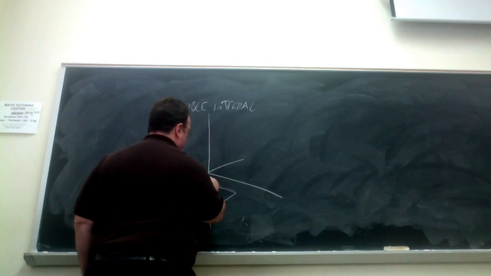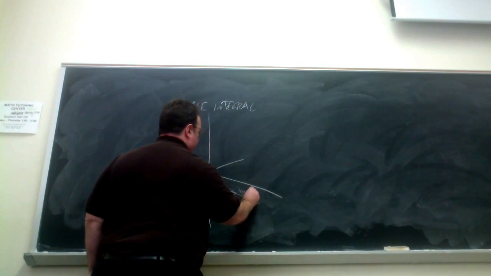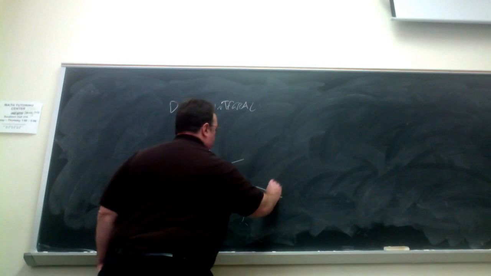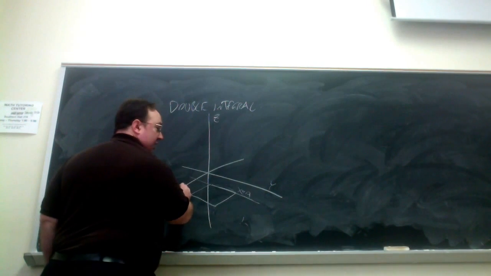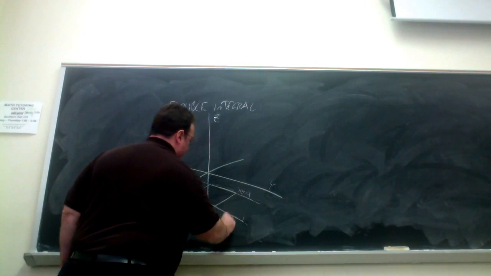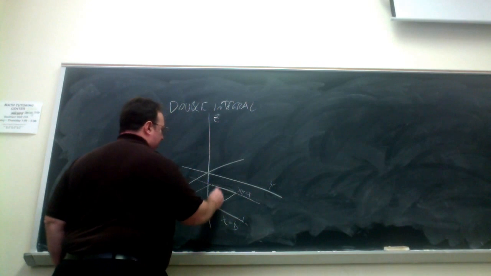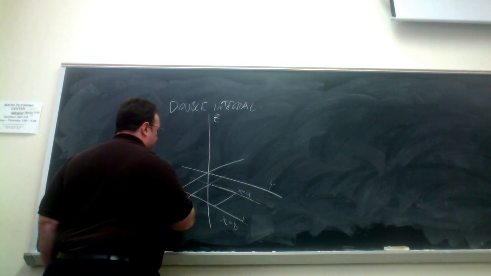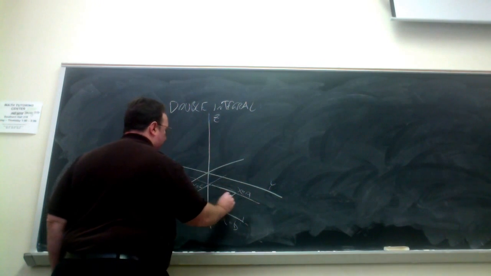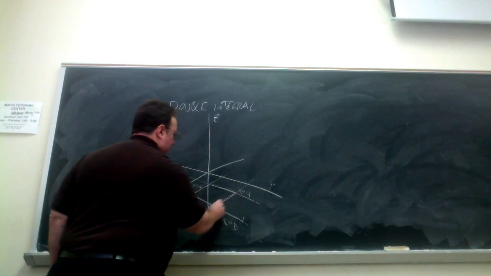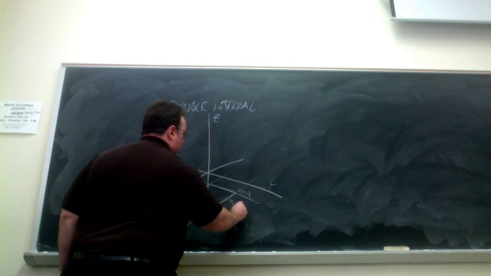So here we have x equals a, here's your x-axis, y, z. Here's x equals b, and then the rest of the rectangle is defined by y equals c and y equals d.